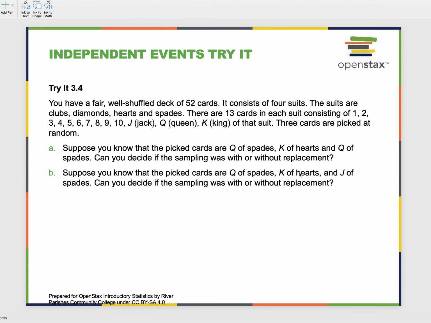But if I also replaced the queen of spades and the king of hearts, I could still get the jack of spades and not necessarily repeat one of those 2. So in the first case, I could say this was definitely with replacement. In case 2, I could definitely say it was no conclusion.